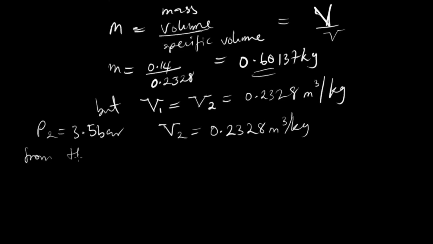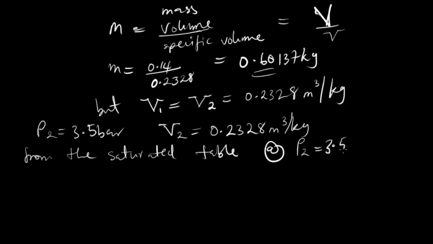From the saturated table at P2 equal to 3.5 bar, we have that Vg is equal to 0.5241 meter cube per kilogram.